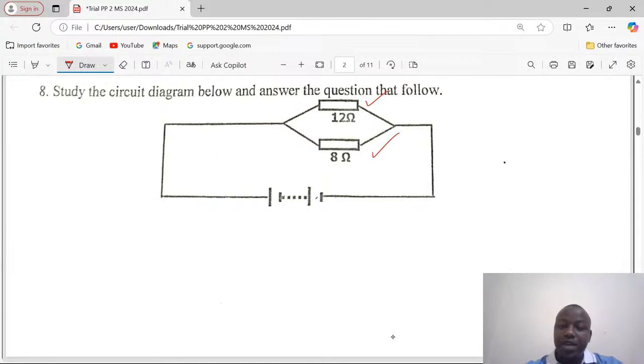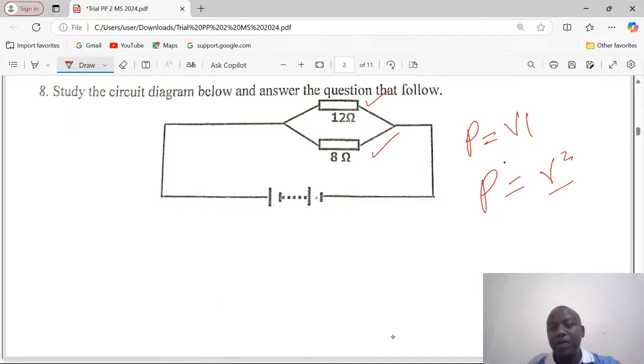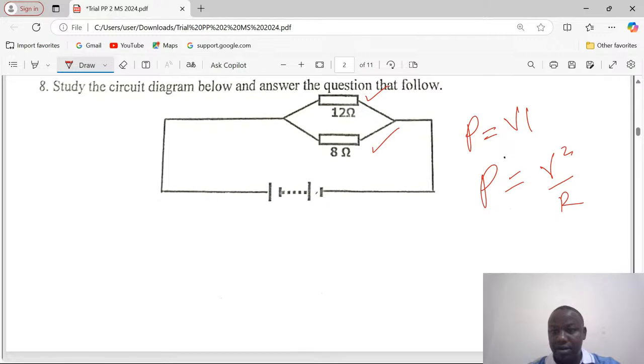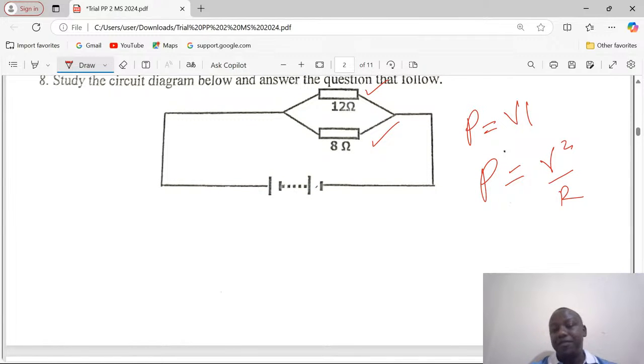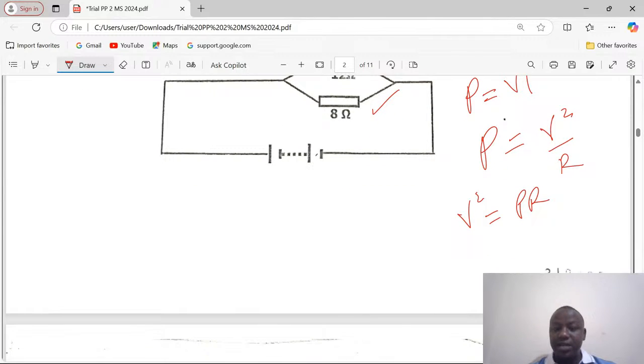So how do we get power? Power is given by VI. Again, power equals V squared over R. There are several formulas for power, which means V squared equals power times R. And with this, we can also say that V equals the square root of PR.